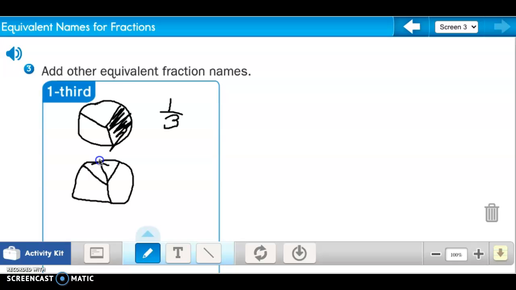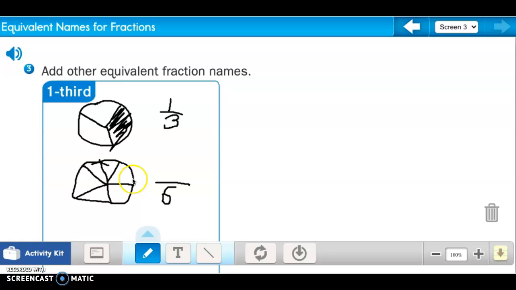So we're going to cut one that way, one that way, and one this way. So now, even though we've cut it a little differently, we've got 6 pieces now. So the bottom number is going to be 6. We're going to shade it the same.